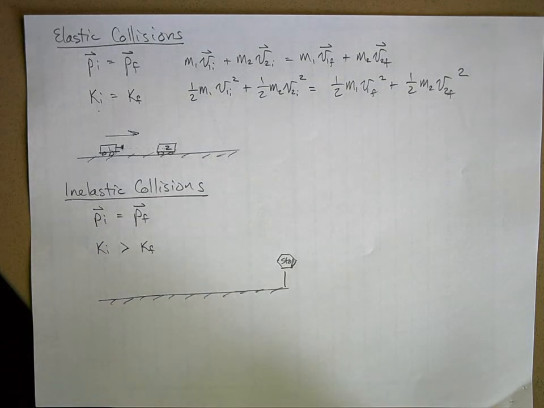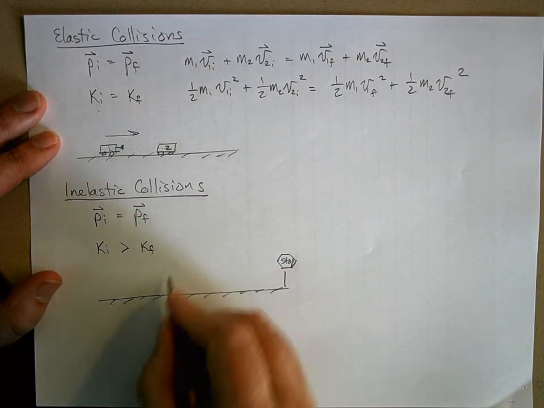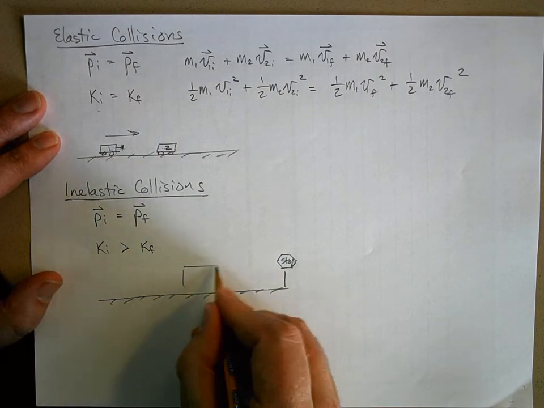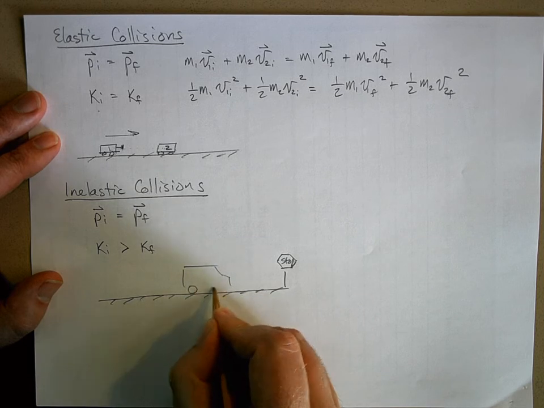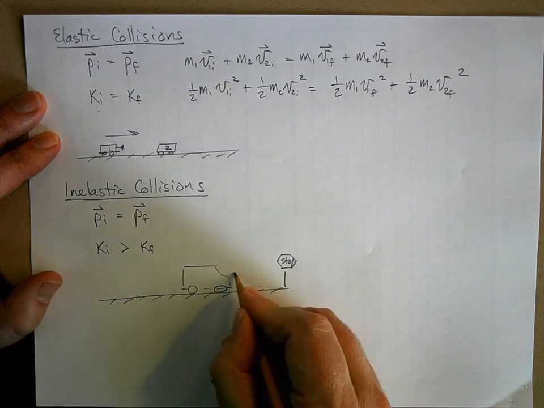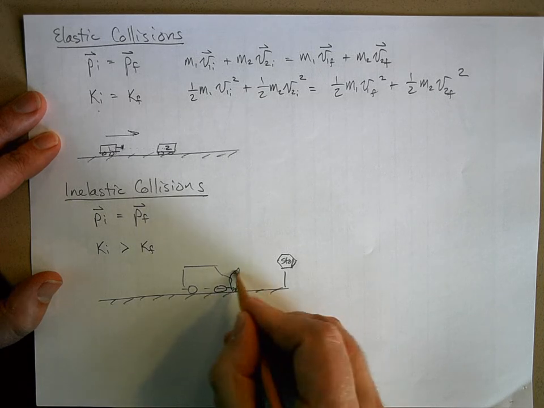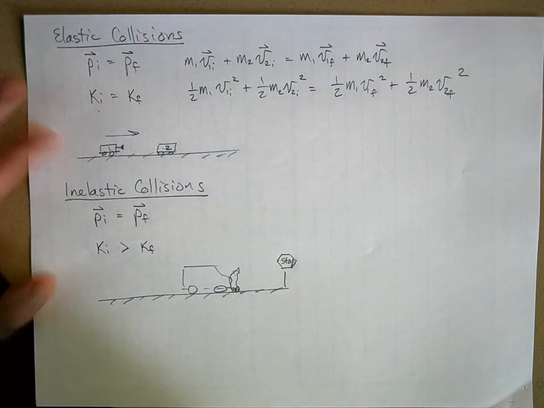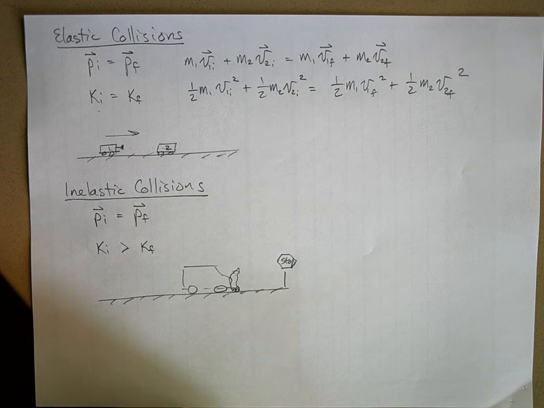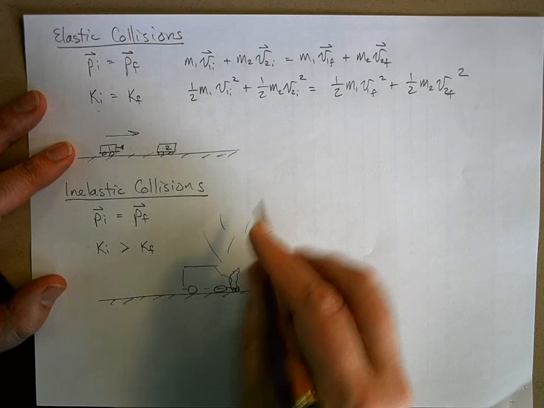They rear end your car. So here's the big truck, big SUV, and here's your little smart car that's smushed in front of it. When they collided, lots of sound was given off.